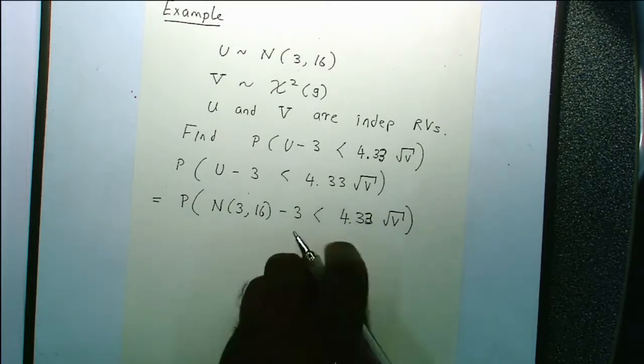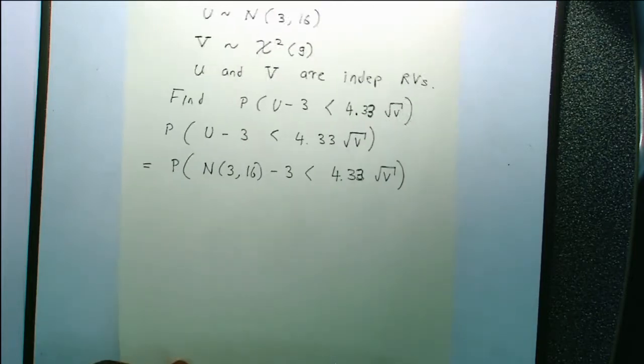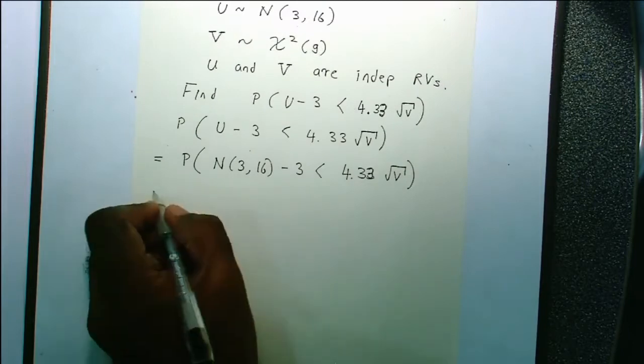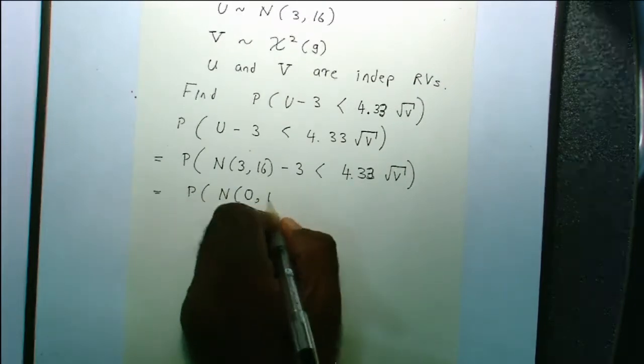Now, if you take away 3 from this, what would you get? You will get a normal variable with 0 mean and variance 16.